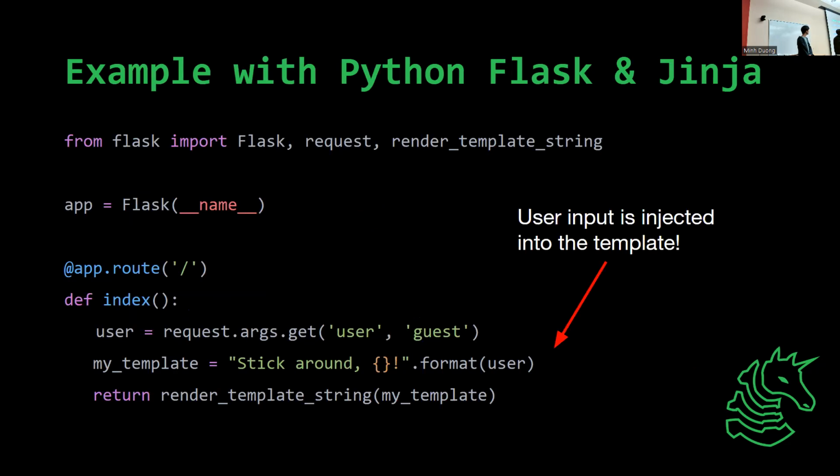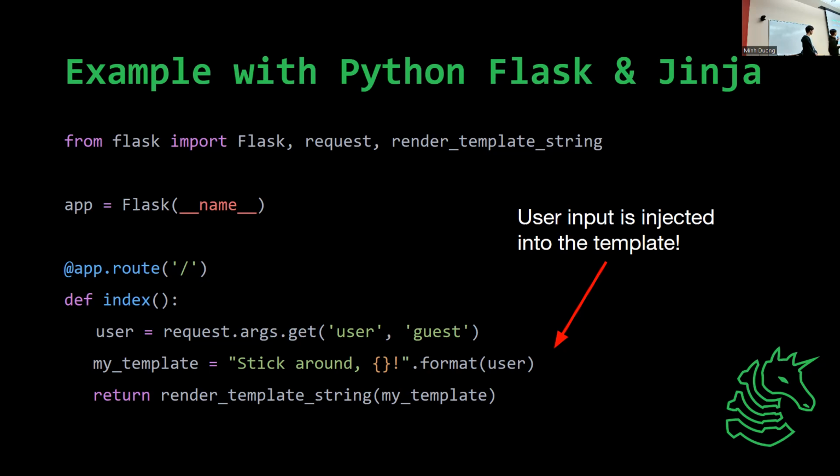So this is a Jinja example with Flask. This application is very short, but as you can see here, there's a short template that doesn't have to be HTML. It substitutes some templated code into the string. And it takes it from the request, so that's something that we can control.